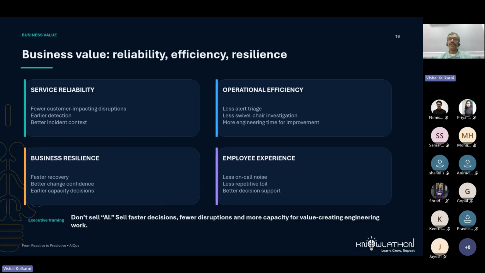Operational efficiency is typically fewer alert triages, fewer swivel-chair investigations, more engineering time for improvement. That is typically reflecting an agile context. Business resilience: faster recovery with no or bare minimal interruptions, I would call it. Better change confidence, earlier capacity decisions, and employee experience.